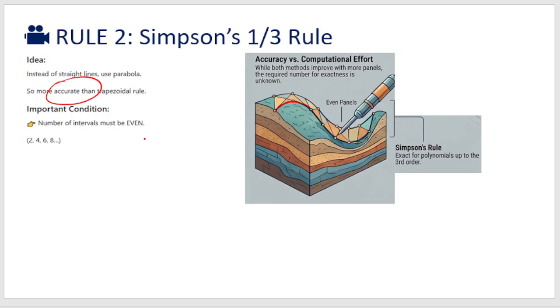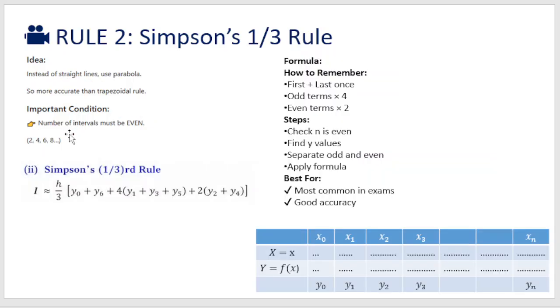So, an important condition. When do we apply Simpson's one-third rule? To apply Simpson's one-third rule, the number of intervals must be even. That will be 2, 4, 6, 8 and so on, but they must be even in number. For example, with x0, x1, x2 we can use Simpson's rule.